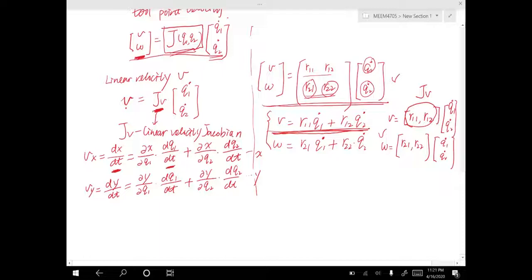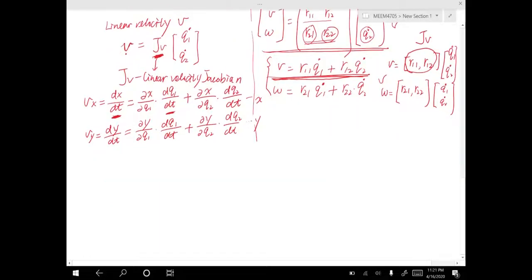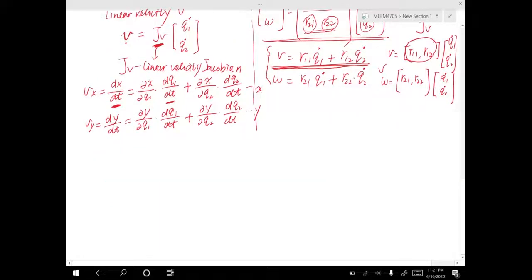Now assume that we're just calculating 2 dimensions. Of course in a real example you are going to calculate in 3 dimensions, so later I'm going to add that, but for this simple question we assume it is a 2D question. Then we can see what J11 and so on are, which are the elements of JV, the linear velocity Jacobian.